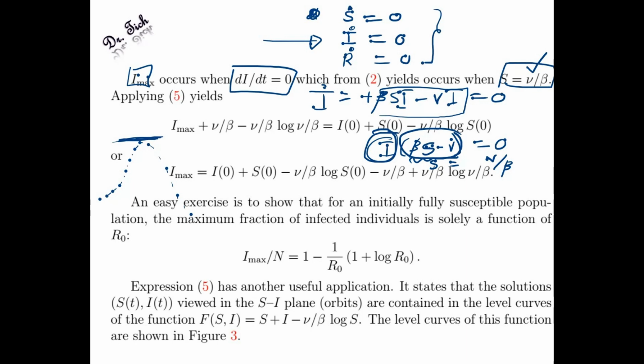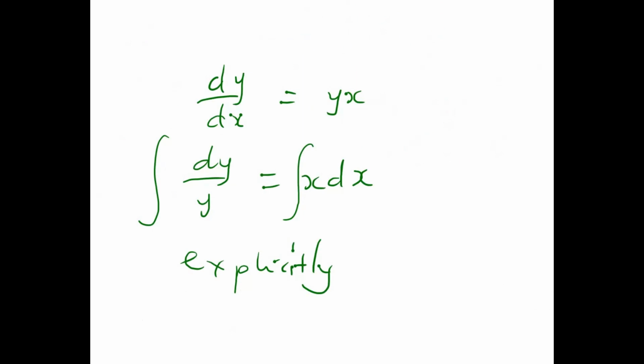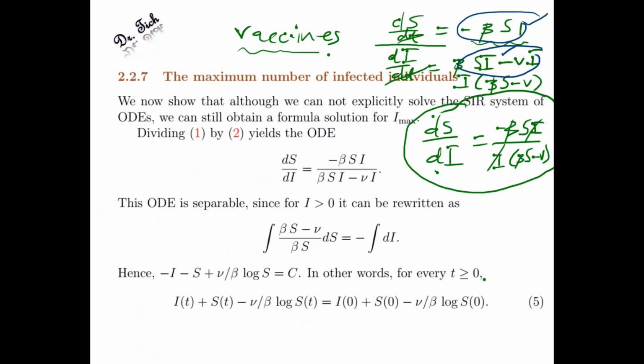From the solution that we found here, we can write v over b there, and v over b there, and v over b, where else can we write v over b? Where S equals v over b.